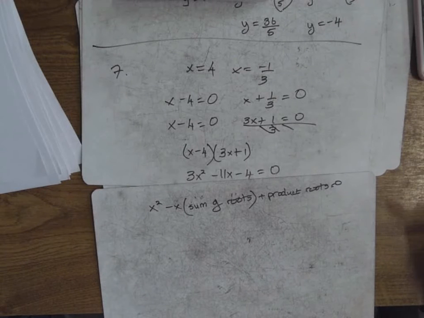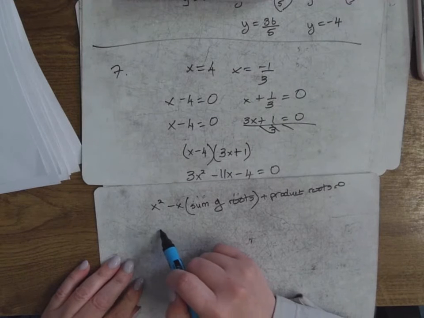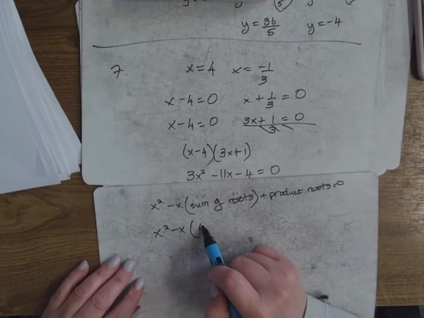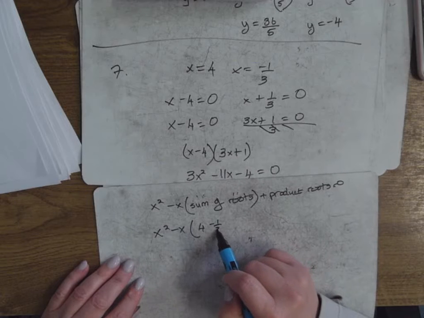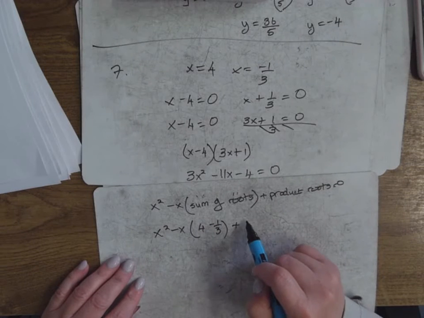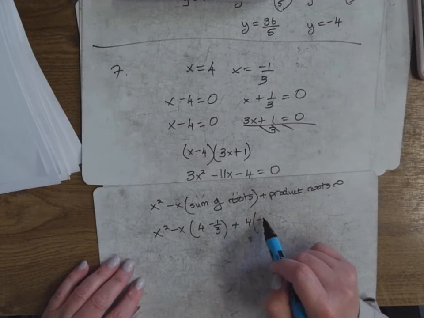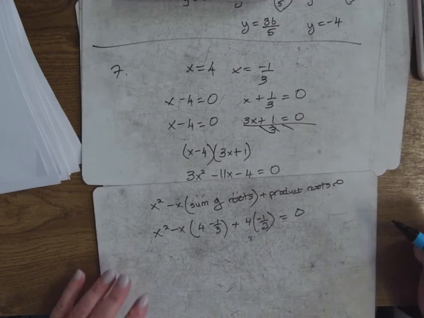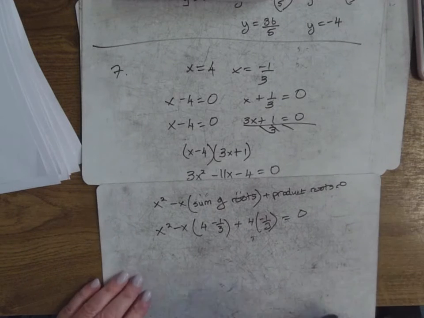So x squared minus x times the sum of the roots, which are 4 minus 1/3, right? Plus the product of the roots, which is 4 multiplied by minus 1/3, equals 0. Okay, so that would be x squared.